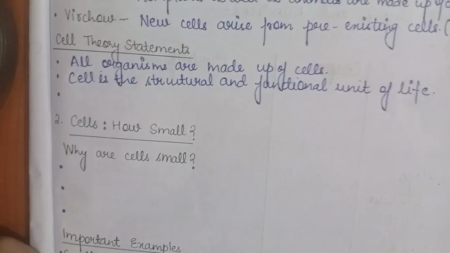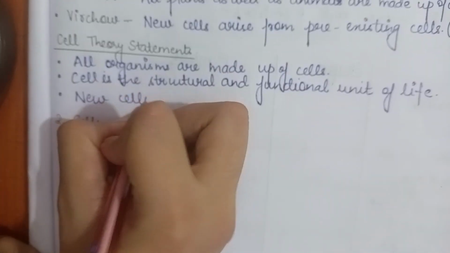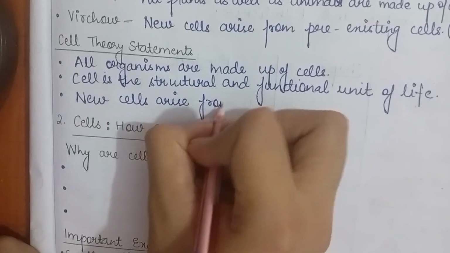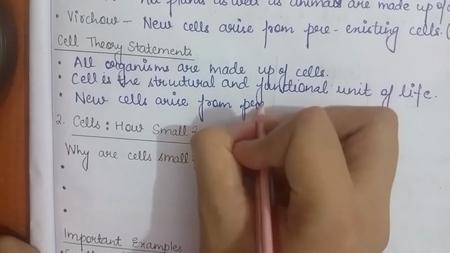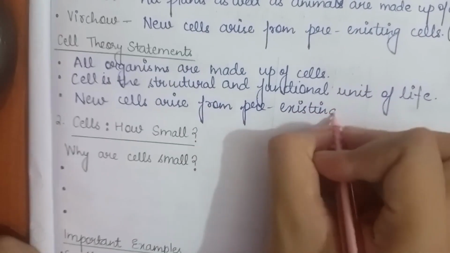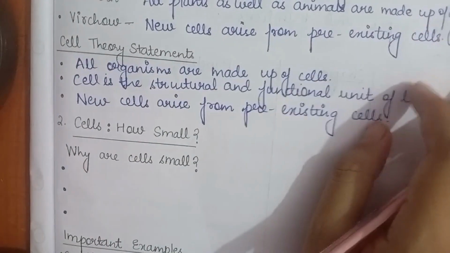And the third statement is new cells arise from pre-existing cells. Means new cells are coming from already existing cells. I hope it is clear.